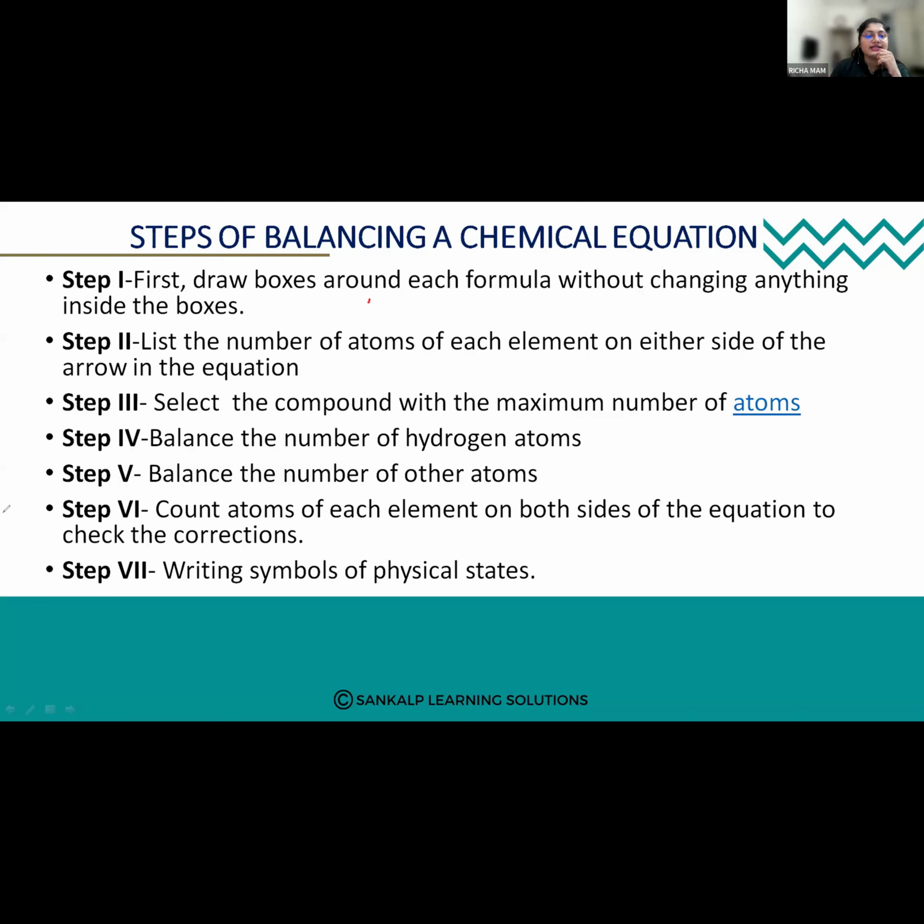And the last step is that you have to write the physical state of these atoms. So these are the steps involved in balancing a chemical equation.